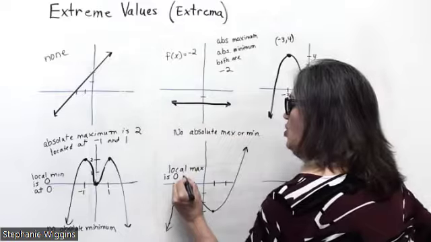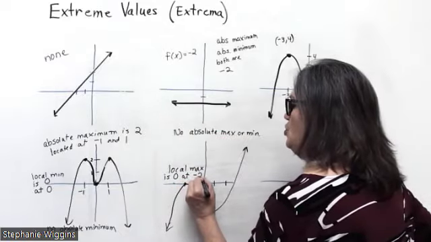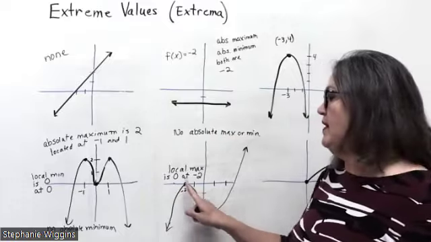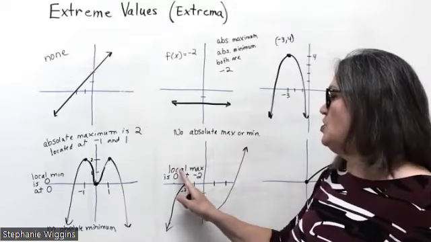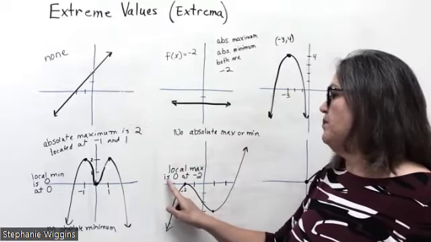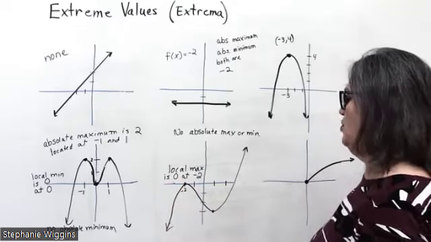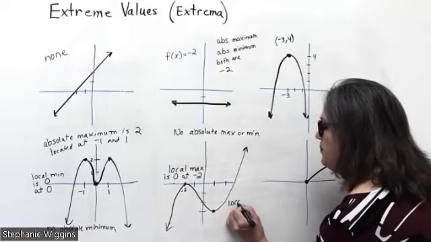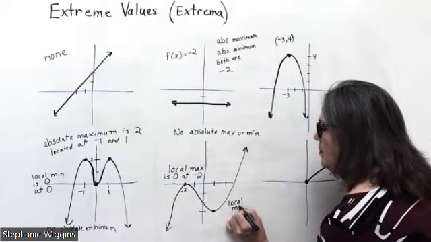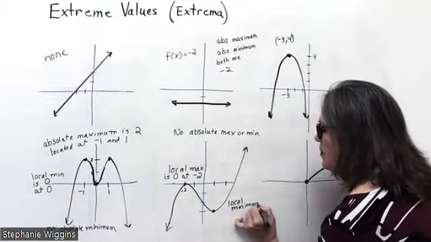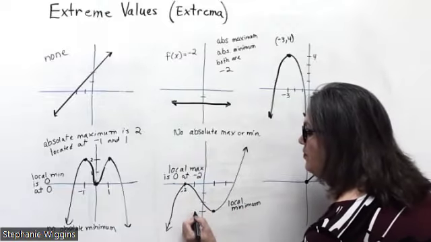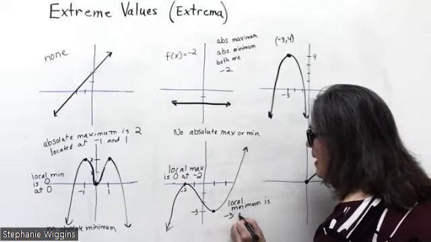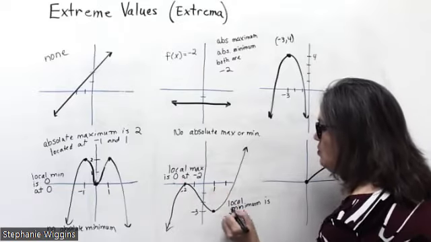It is 0 and it occurs at -2. So that is the x value, it gives me the where. That's why I say at -2. So it's a local maximum value of 0 at -2. And here, the local minimum is -3 at x equals 1.